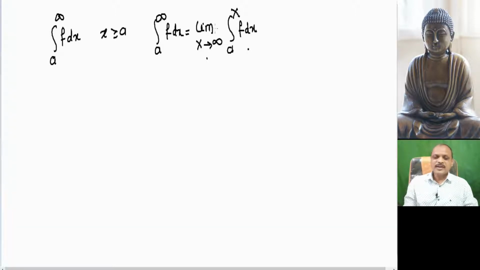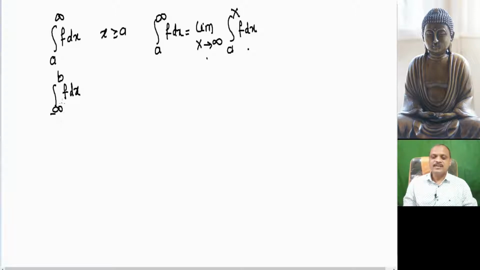Similarly, we can define the convergence at negative infinity. Suppose my function is like this, the integration of f, where the function has infinity at the left end, minus infinity.